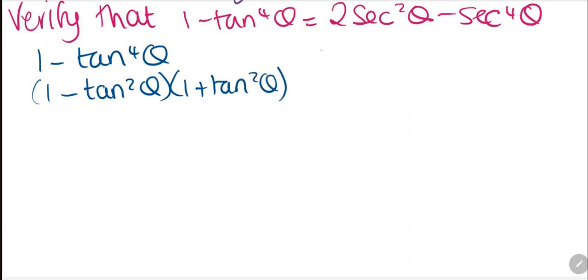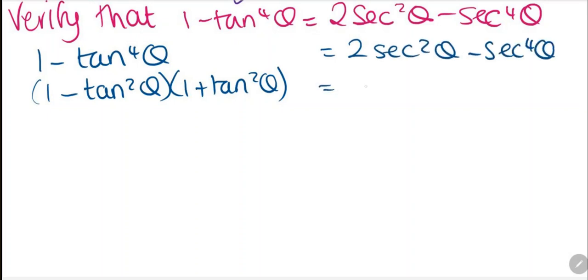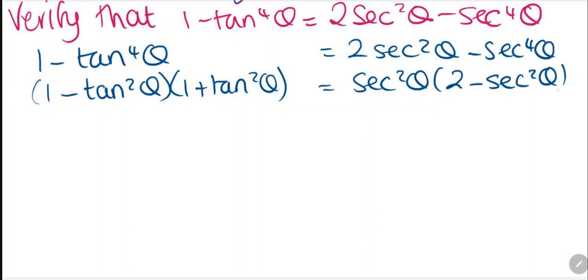And then on the right-hand side, we can factor this. So we have 2 sec squared minus sec 4. And if we factor this by sec squared theta, we'll have 2 minus sec squared theta.